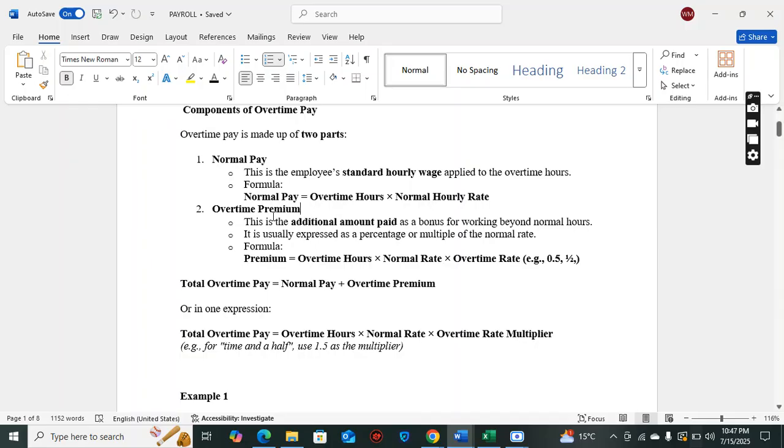Then you have the overtime premium, which is the addition to this normal pay. Is that okay, Mr. Austin? Or if you haven't understood, you can still ask.